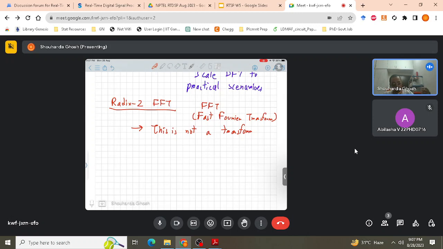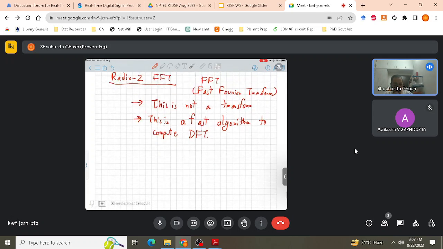You may have also heard of Hartley transform, Hadamard transform, Walsh transform, which are used in image processing. This is not a transform by itself. Okay, this is a fast algorithm to compute DFT. It is an algorithm that helps in calculating the discrete Fourier transform, and this algorithm can also be used in other similar kind of algorithms like discrete cosine transform.